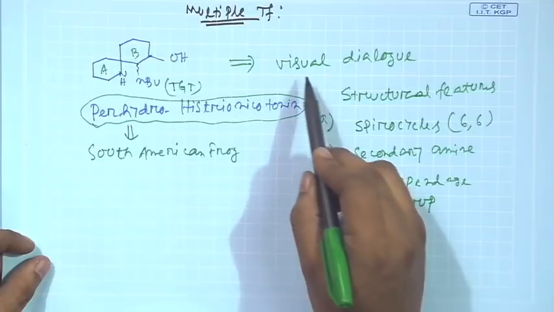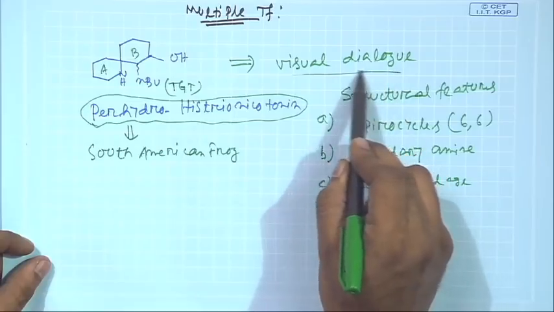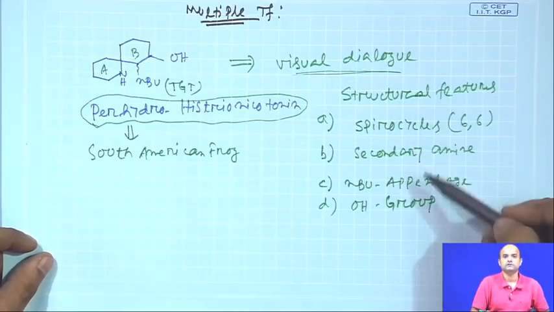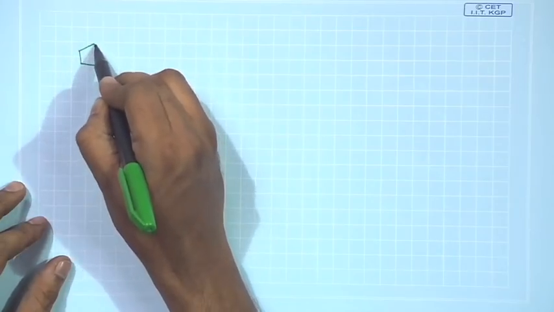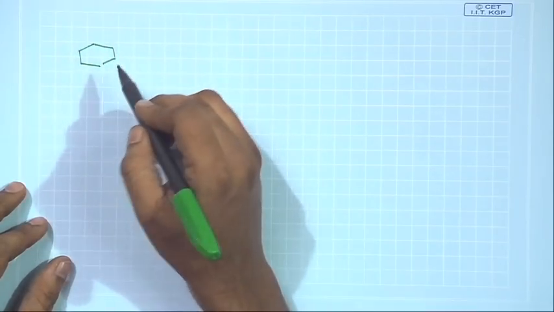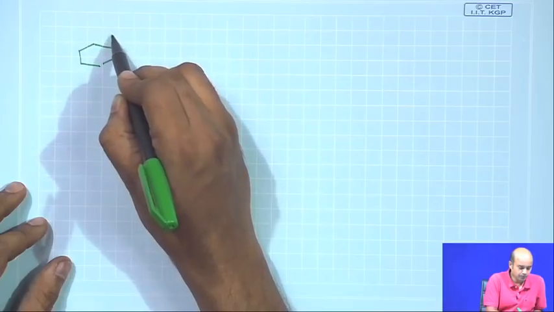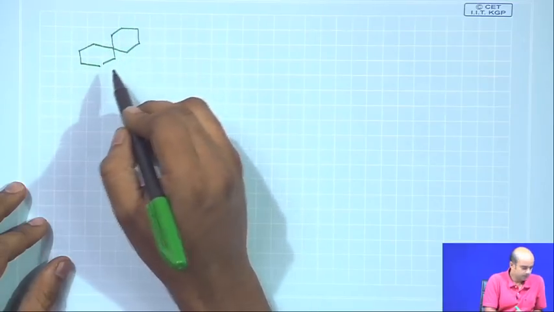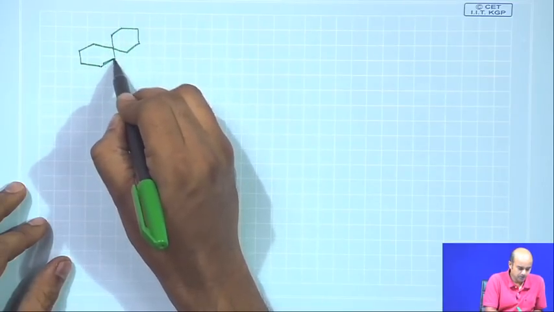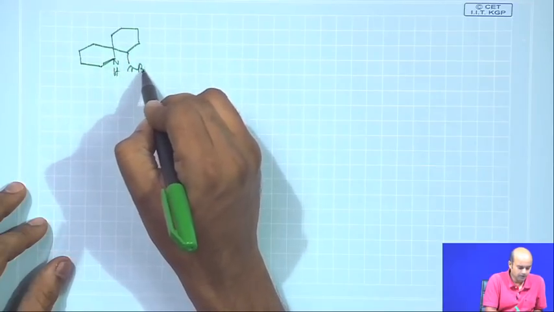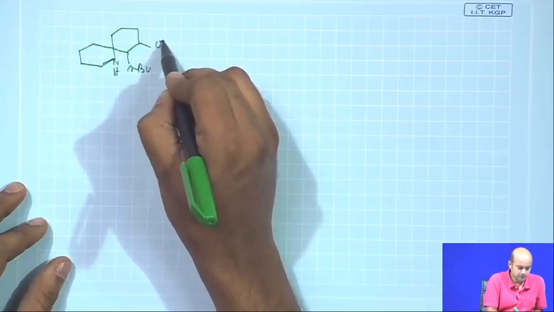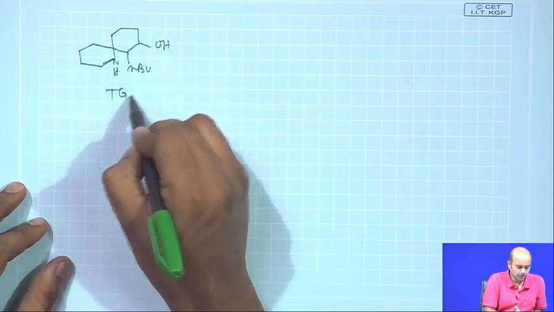Now, this is the initial visual dialogue. You can start with the molecule and analyze the structural features. Okay. So, then we will try to do the retro. This is NH, this is N-butyl, this is OH, this is the target molecule.